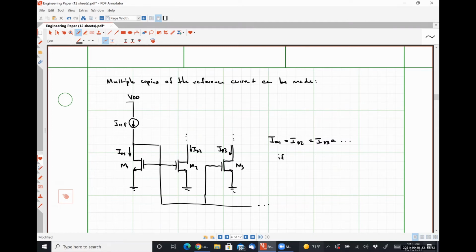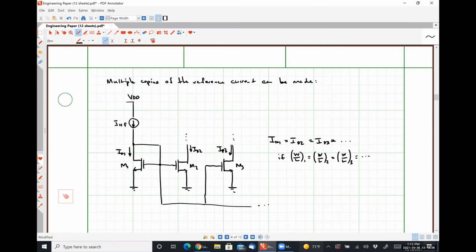Where the assumption here is that ID1 is equal to ID2 is equal to ID3, if the aspect ratio W over L1 is equal to W over L2 is equal to W over L3, and so forth. Again, for them to be exact copies, they would all have to have the exact same VDS voltage, right?